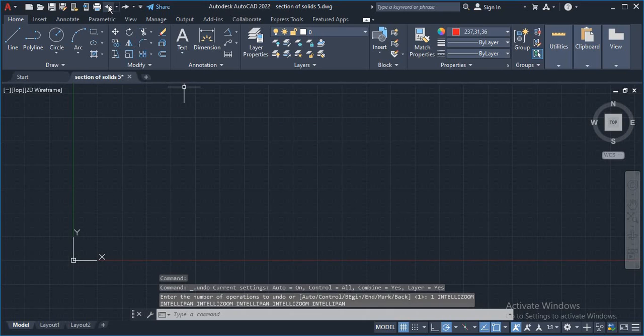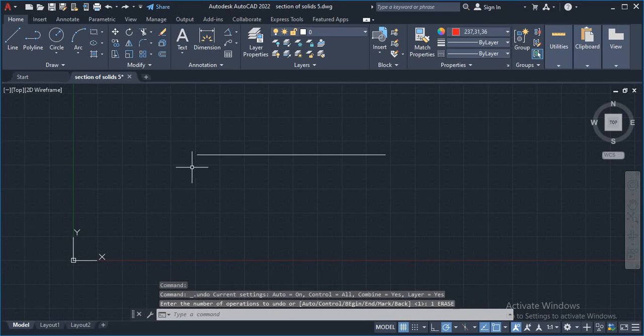So first we draw a line, that is a reference line. We mention it as XY line. Draw the reference line XY.